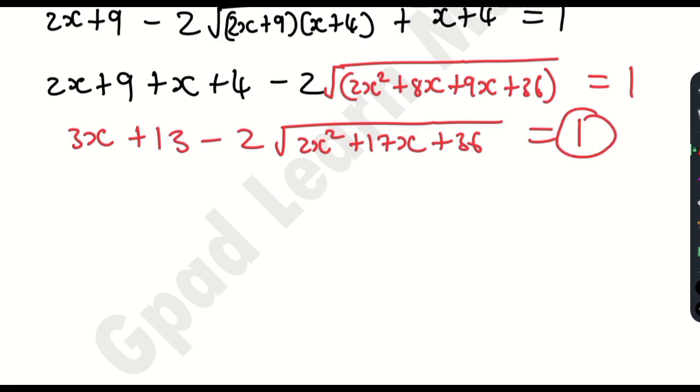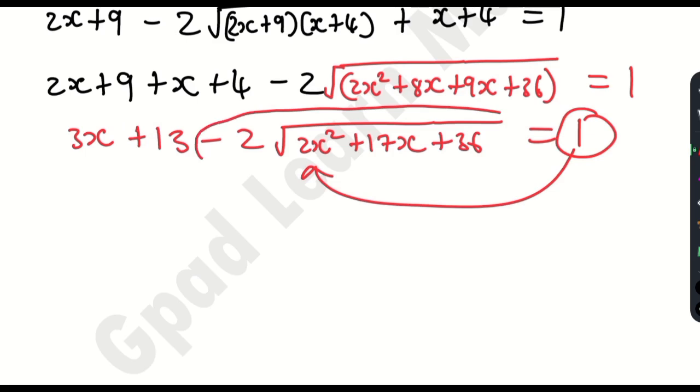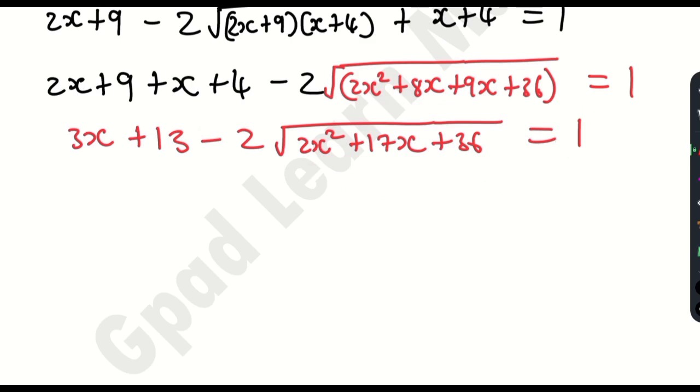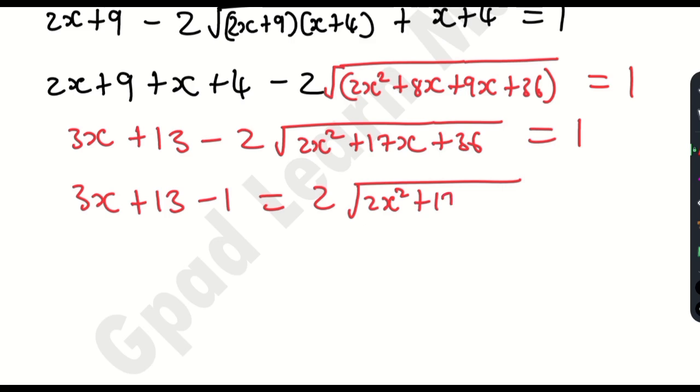So let's move 1 to the left hand side, and let's move this negative 2 with the square root of 2x squared plus 17x plus 36 to the right hand side. So what would that be? We're going to have what? 3x plus 13, and then minus 1 is equal to what? 2 with the square root of 2x squared plus 17x plus 36.